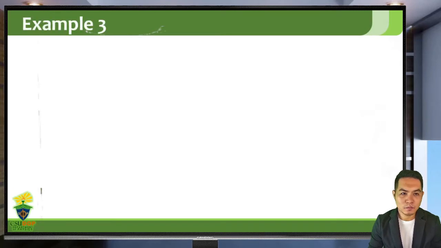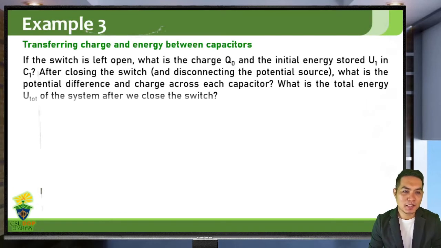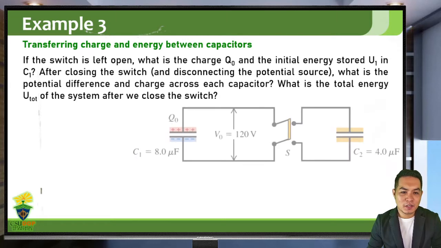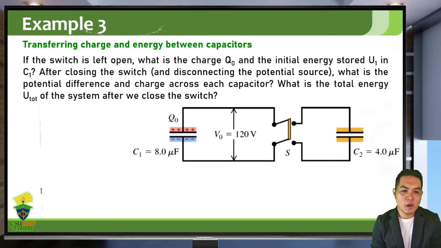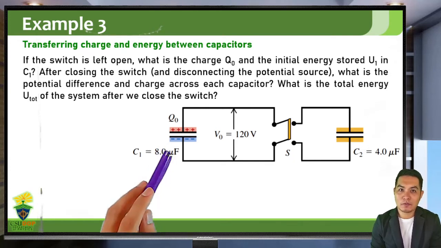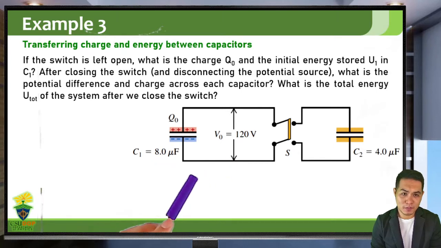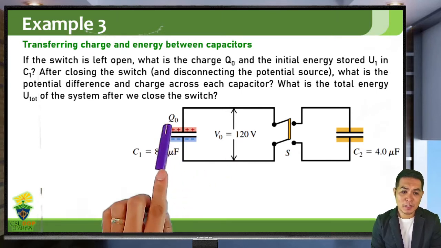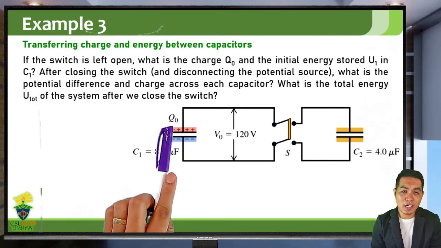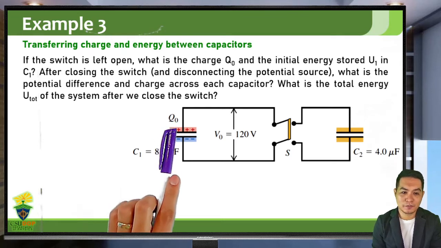Okay. So let's have a last example. This is transferring charge and energy between two capacitors. So this is your setup. You have a capacitor C1. You connect it to a voltage source, 120 volts, such that it stores a charge Q sub 0 or Q naught.